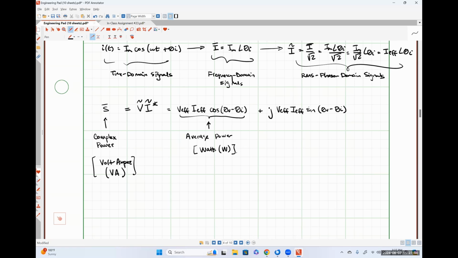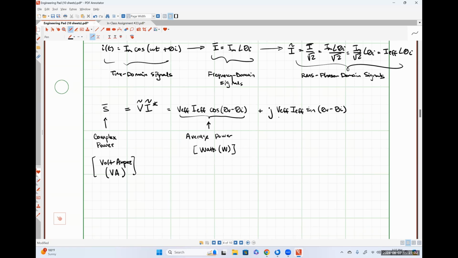Okay, so it is the portion of the complex power that is incapable of being stored. All right, so average power is associated with the resistance in a system or network.